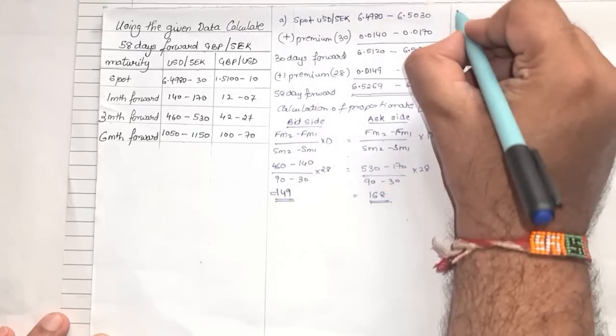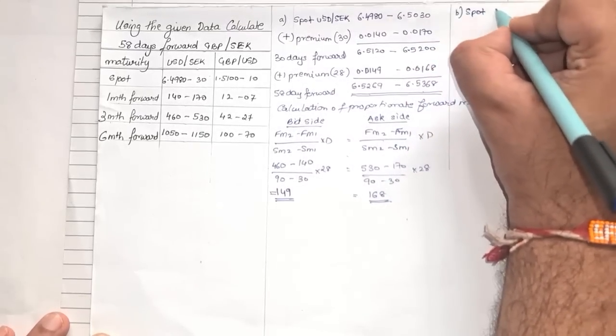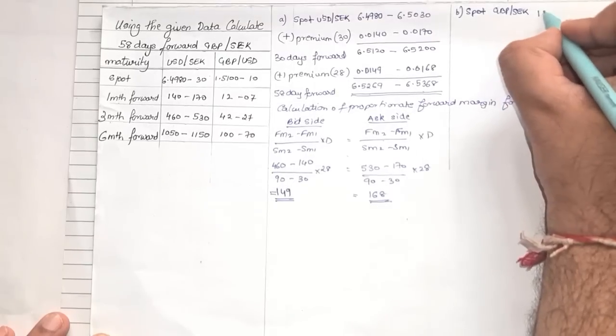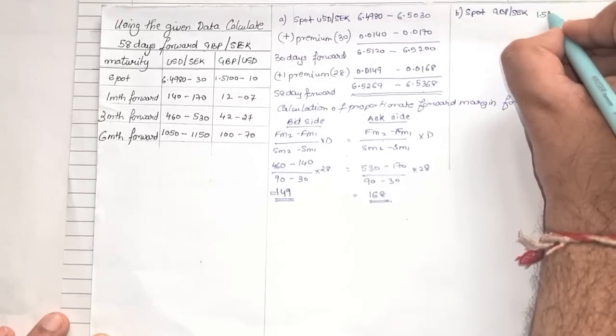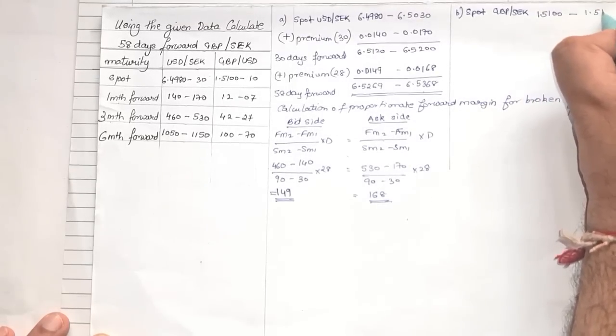Okay, same way now what we do is the B part, we will find for the other one. So this will be spot GBP to SEK. The value is 1.5100 and 1.5110.